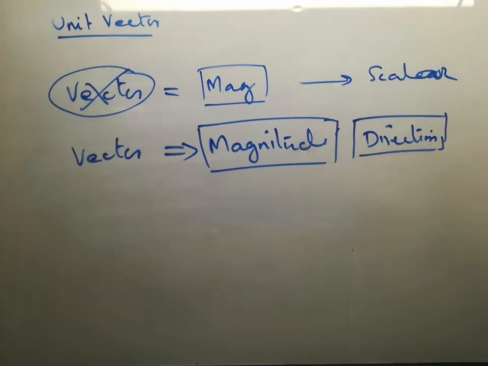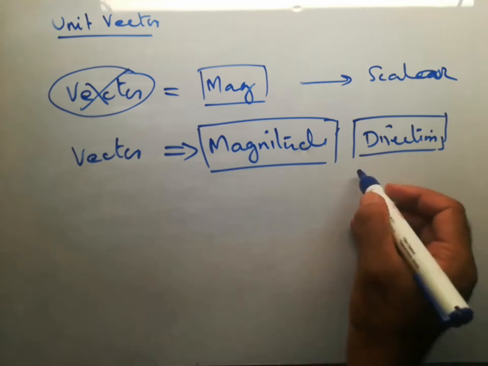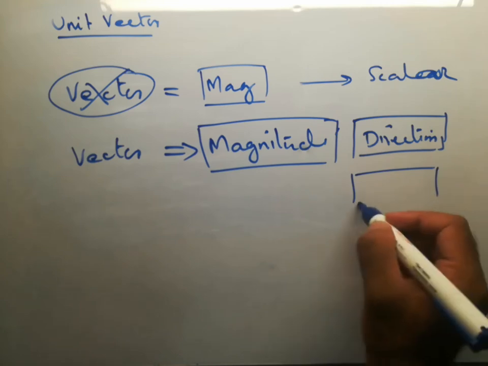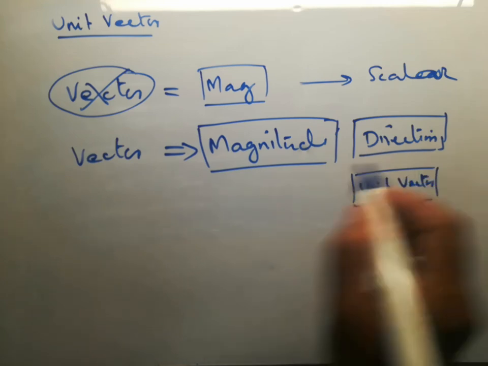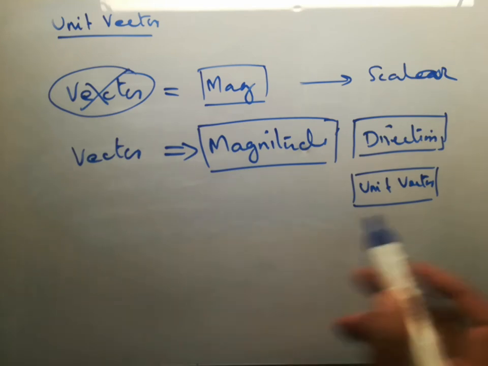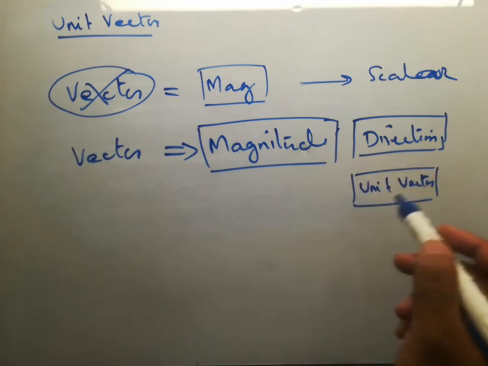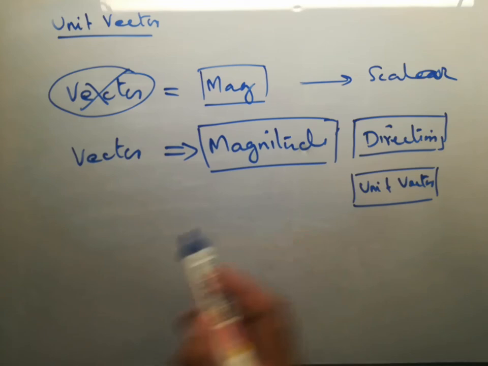Now, for specifying the direction of a vector or a quantity, say for example a force, we will make use of unit vector. Unit vector is used for specifying the direction of a vector quantity.